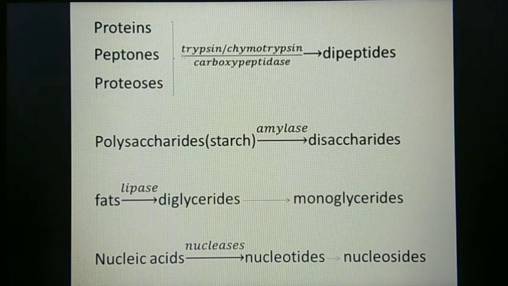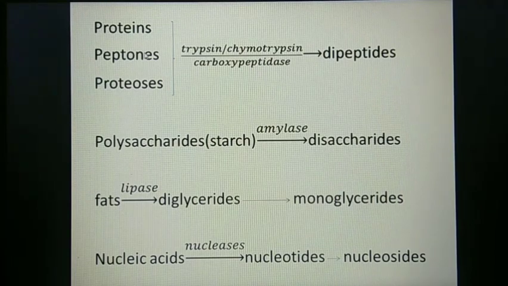Now we can see the steps which are happening in the small intestine with the help of the secretions of the pancreas. Pancreatic juice helps in the digestion of all these. First, pancreatic juice digests proteins, peptones, and proteoses into dipeptides. In the presence of the activated enzymes trypsin, chymotrypsin, carboxypeptidase, the proteins, peptones and proteoses are acted upon.